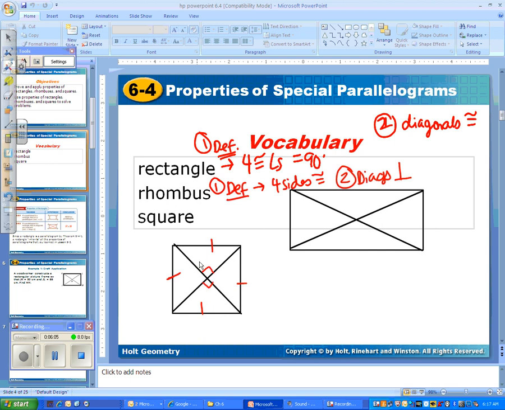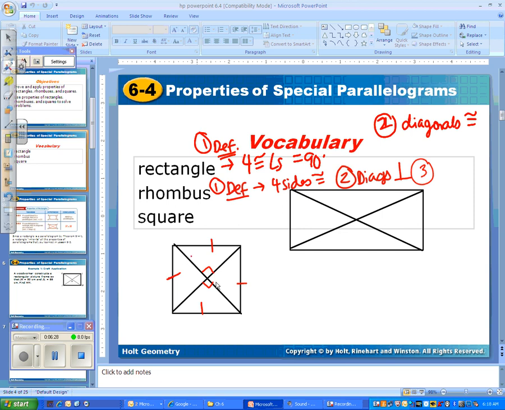And let's see, if we look at this picture, we have some congruent triangles in here, right? We have a right triangle, and we know that the hypotenuses are all congruent, and they share a side, right?